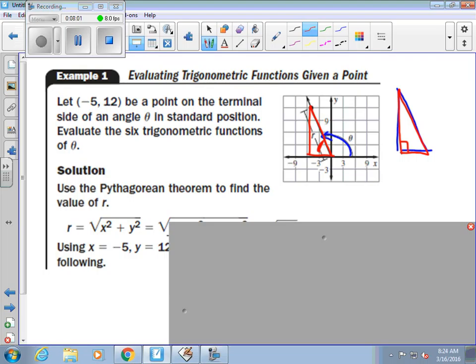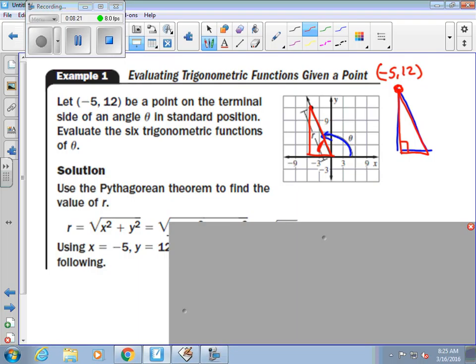We know that this point right here is negative 5, 12. So one of those sides is going to be 5, not negative 5, and the other one's going to be 12.